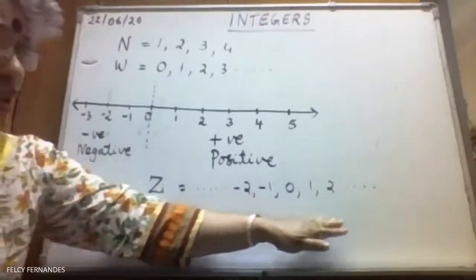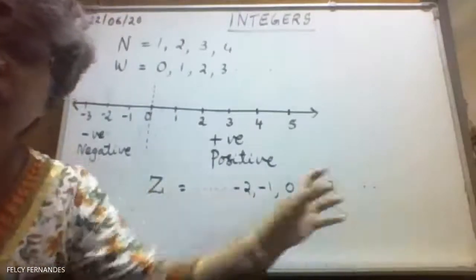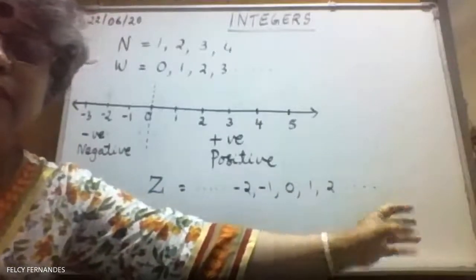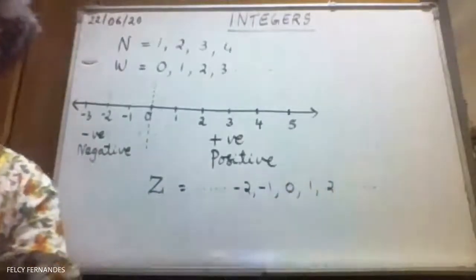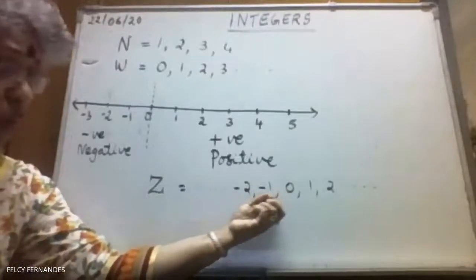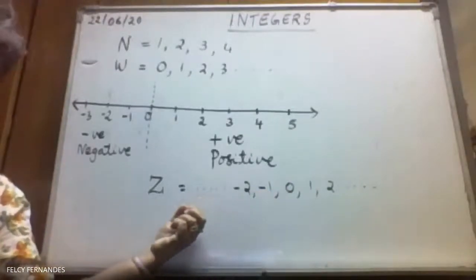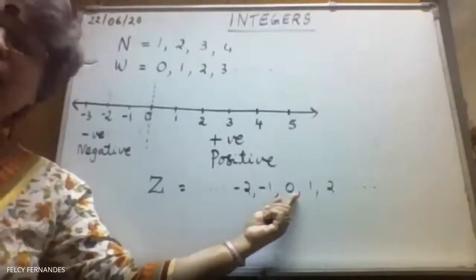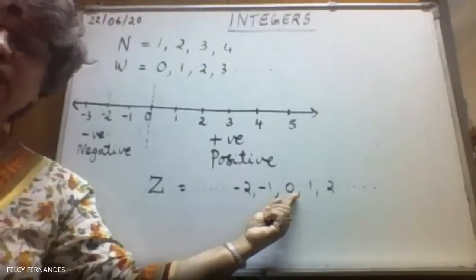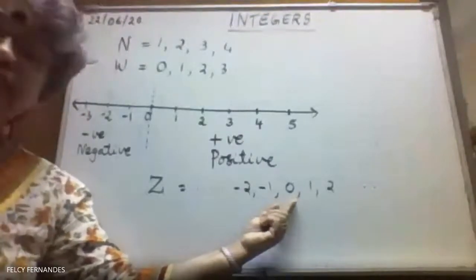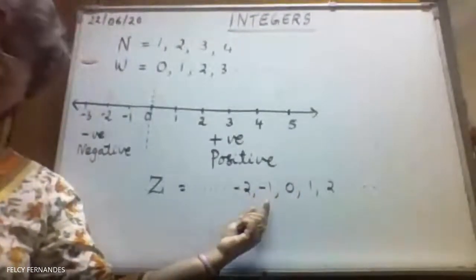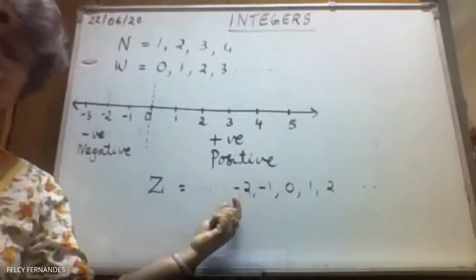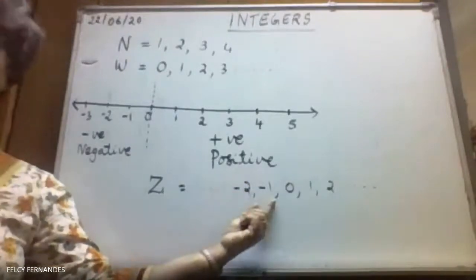As you go on the right side, you get positive numbers. The value is more. As you go on the negative side, -1 means it is less than 0. It is not equal to 0. It is not positive. It is less than 0. That means -2 is still less than -1.